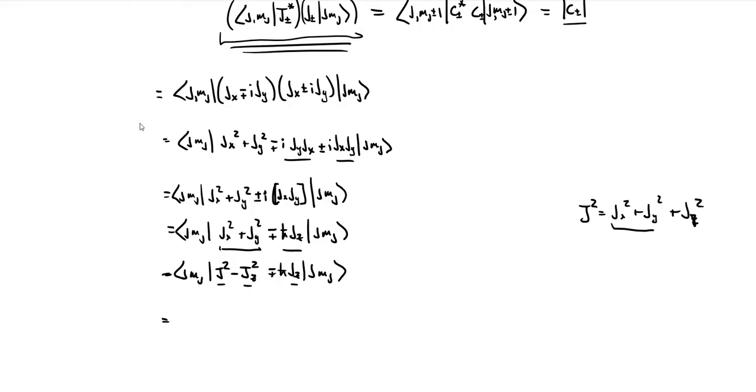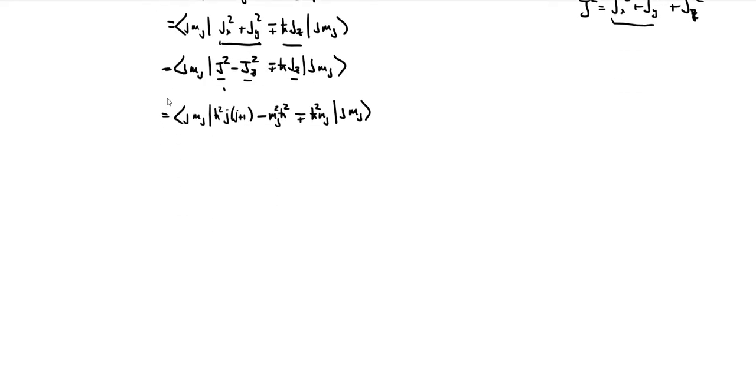So if we just take those operators and operate on the JMJ, this term just gives us h bar squared J times J plus 1, right? This is minus MJ squared h bar squared, minus plus h bar times MJ h bar, right? So just write that as h bar squared, all acting on JMJ.